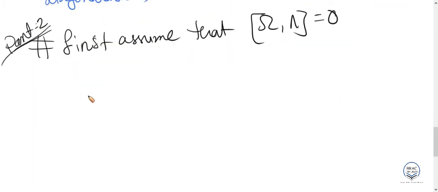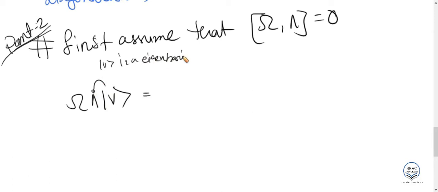So now let's try to see what happens when you apply both of them together on one of the eigenbases. That is, let's say this V is an eigenbasis of lambda. So V is an eigenbasis, or eigenvector. Let's write eigenvector.